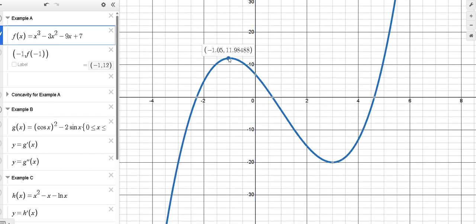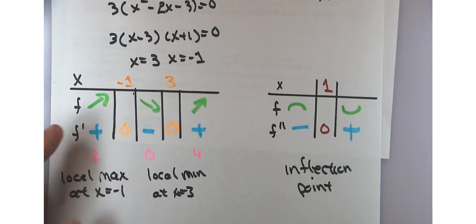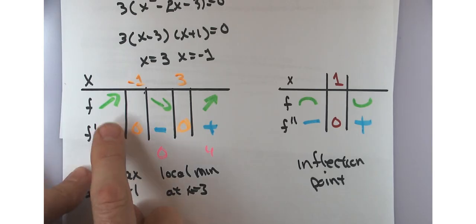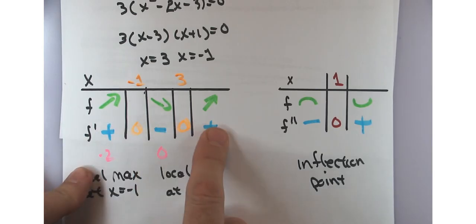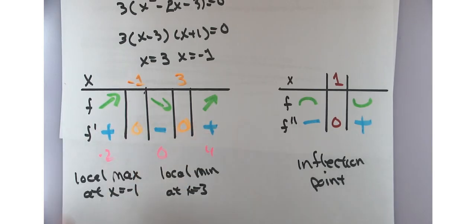Right here, you've got your maximum there, you got a minimum there, but the function is increasing until we get to x equal -1. What happens from -1 to 3? Oh, the function is decreasing. If you match that up with our information from our derivative, we had increasing, decreasing, then increasing. So far, this is looking pretty good.